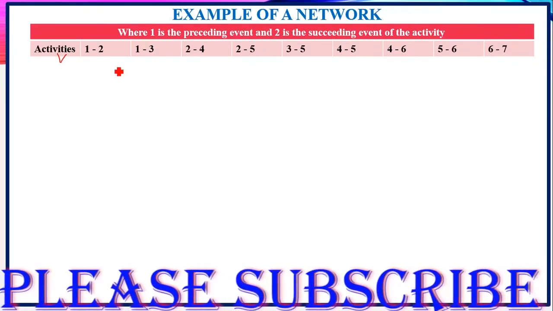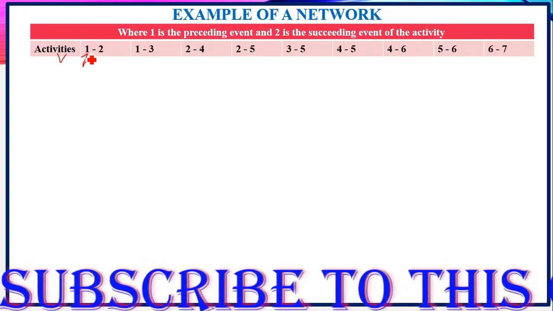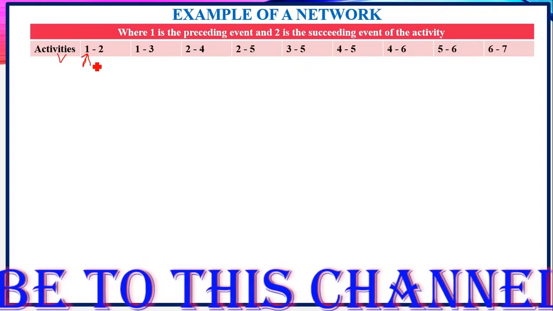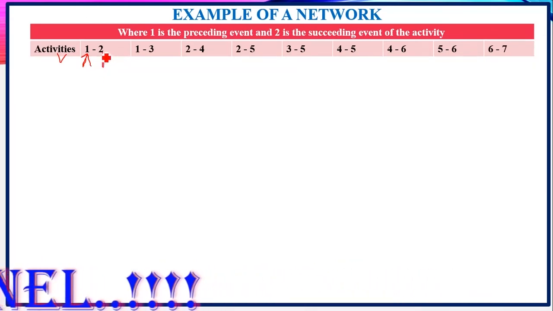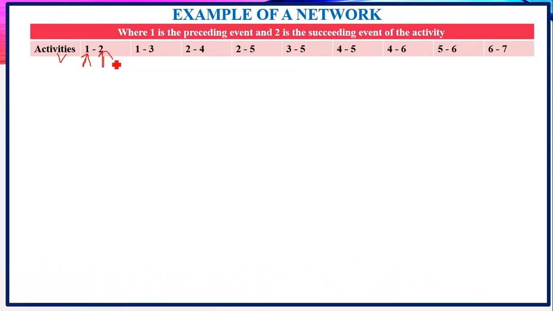What that means is 1 is an event that comes first, and then we have a succeeding event, the event that follows. So when you come to drawing, 1 will come first and then it will be followed by 2.